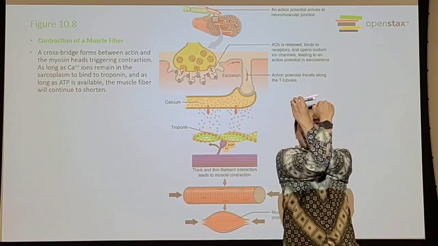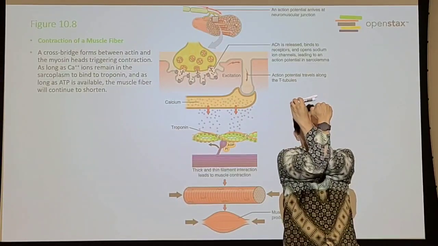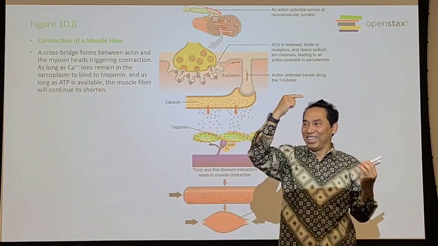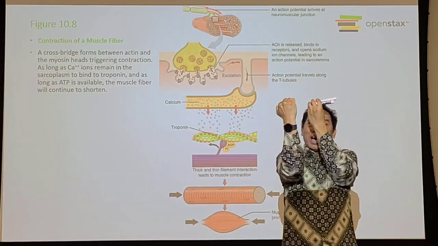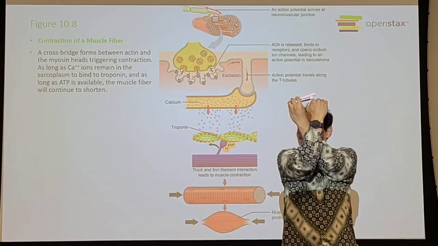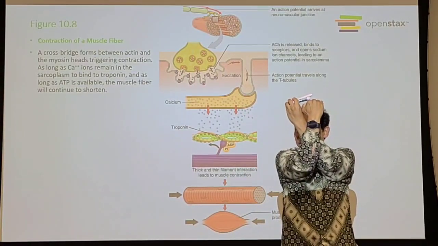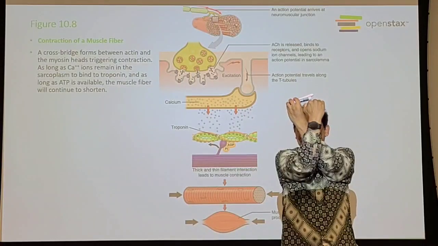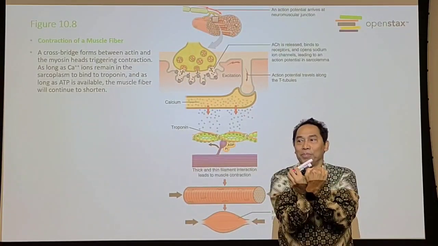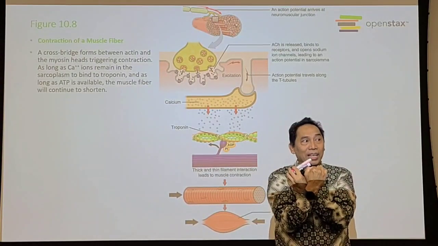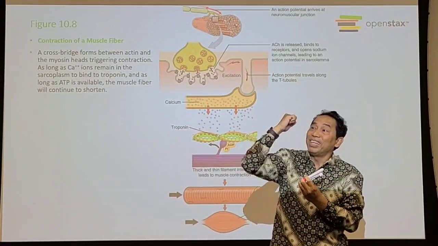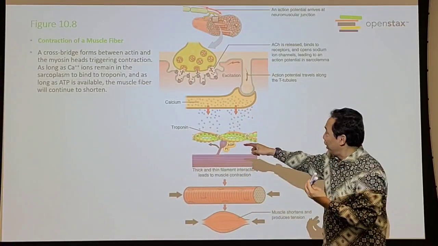So what we require in order to release this is another ATP. Another ATP will bind to the myosin head. When it is binding, what happens? The myosin head will boom, pull down, what we call detach from the actin.